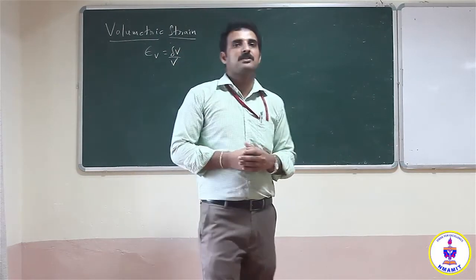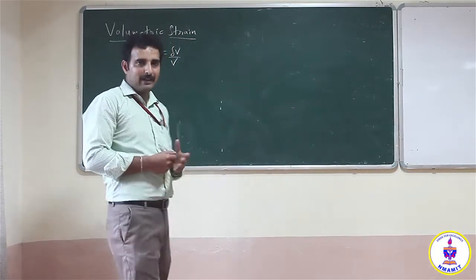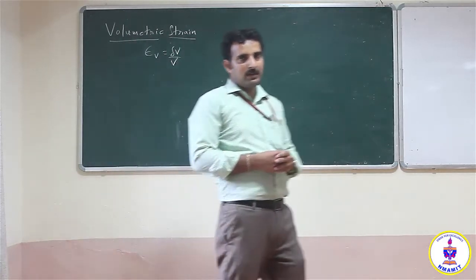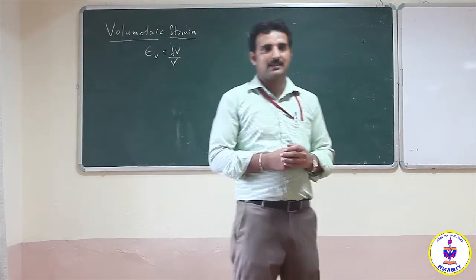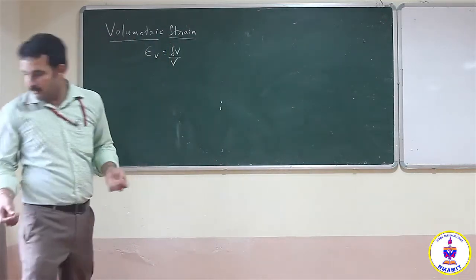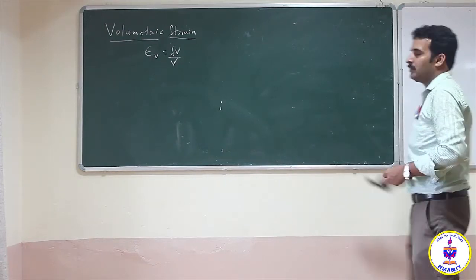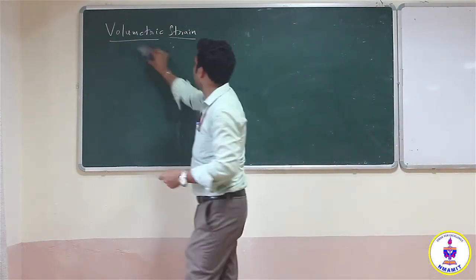We will derive some expressions for a rectangular bar as well as for a cylindrical bar subjected to a single direct load which is acting along the length. First, we will derive an expression for a rectangular bar subjected to a single direct load.